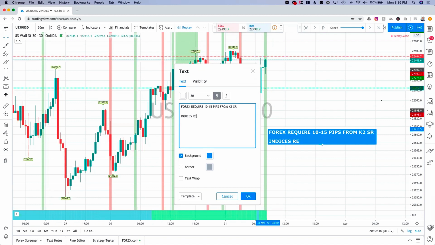Indices require, I'd say, depending on what your spread is, it might be 300 to 500. Or no, actually, because spread is usually like 300 anyway, so it's going to have to be more than 500.